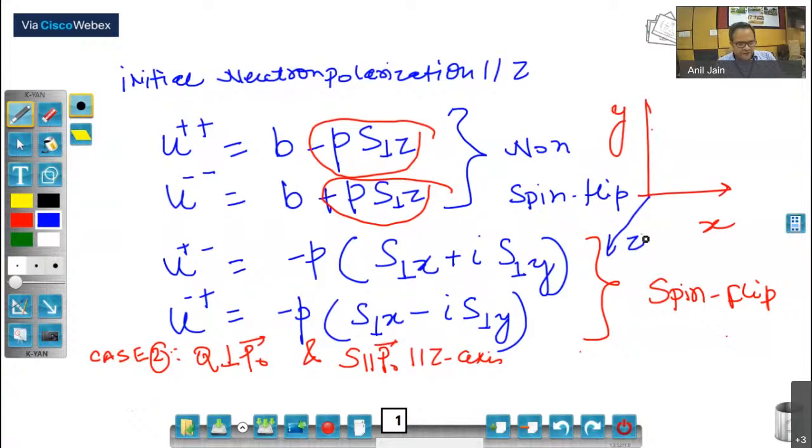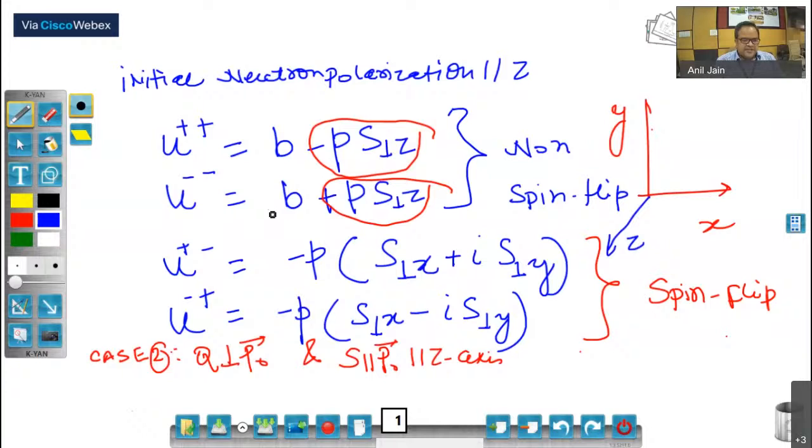So if you have Q which is transverse to P naught, meaning you have the horizontal scattering geometry, and your initial neutron polarization is along the Z direction, then all magnetic scattering goes to this non-spin flip channel.